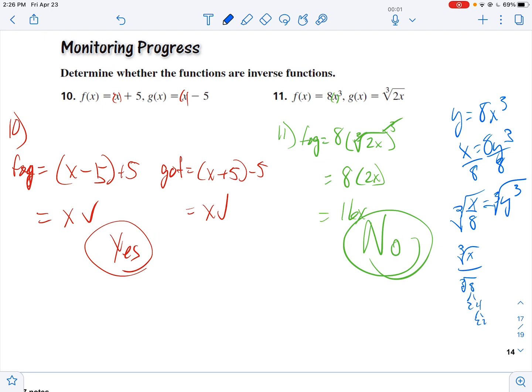The third root of 8 is 2, because there's 3 2's. So the third root gives y equals the third root of x over 2. That is the inverse, and it does not match that up there. They multiplied 2 inside, and they should have divided by 2 on the whole thing. And that's how they go.